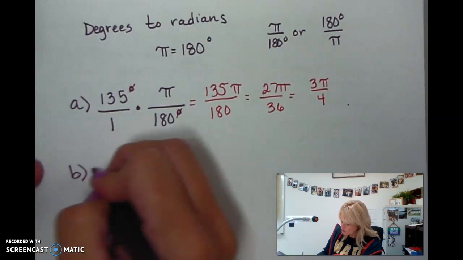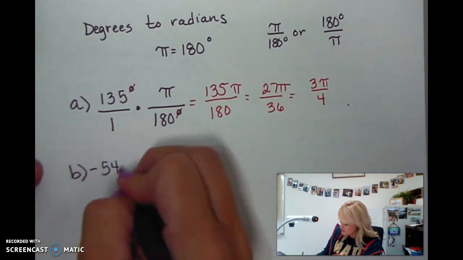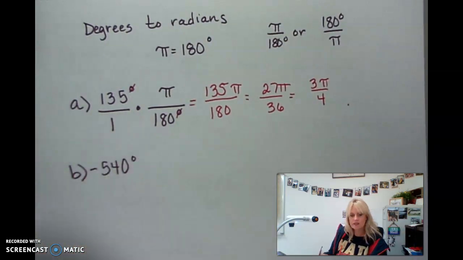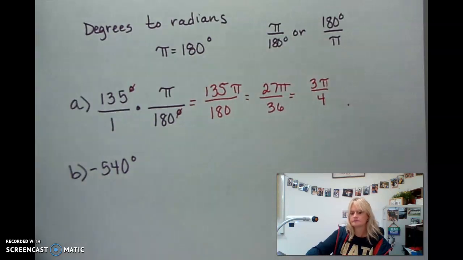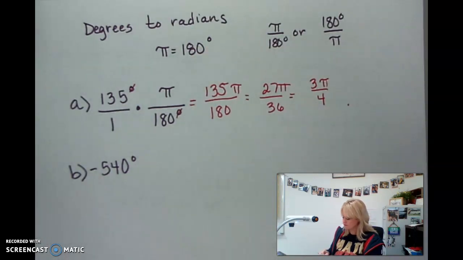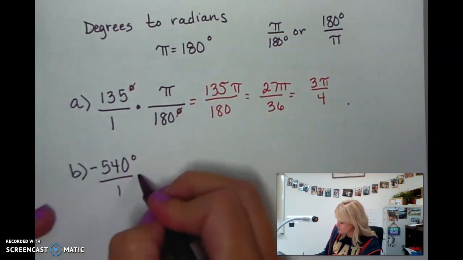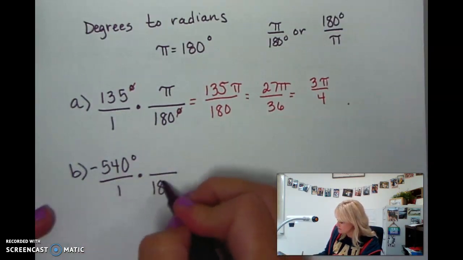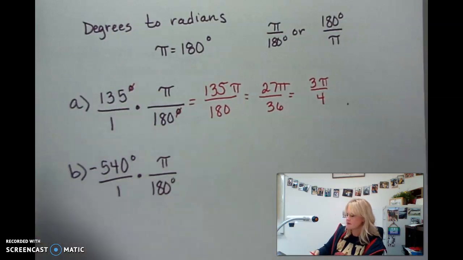So go ahead and try this one. Convert negative 540 degrees into radians. So again, I want to get rid of degrees. So degrees is going to go on the bottom. Pi will go on the top.